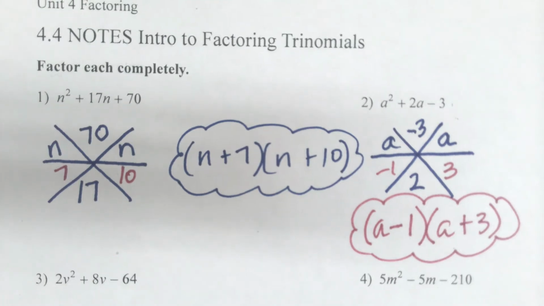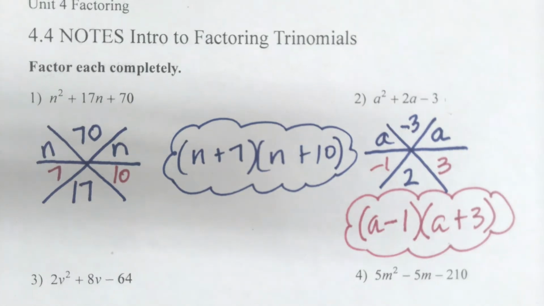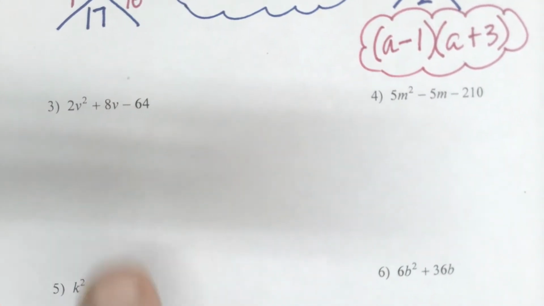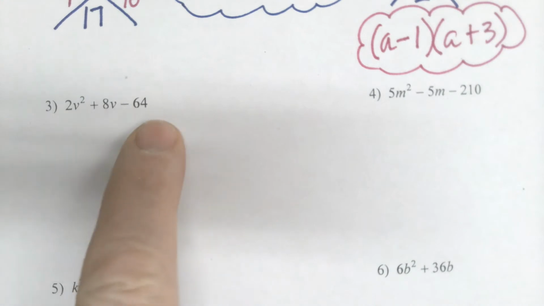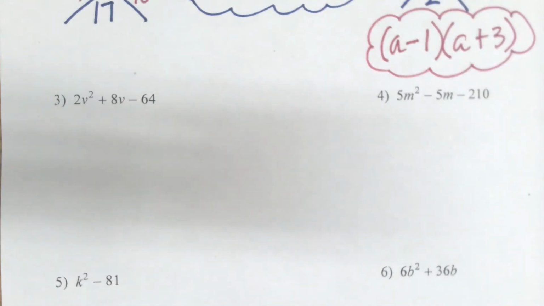There is, on occasion, going to be a couple little bumps in the road, and one of the bumps involves a greatest common factor. When we look at problems 3 and 4, we're going to have a greatest common factor. We've done that before. Again, reverse distributing. What do each of these numbers share? What factor can I take out of all of them?